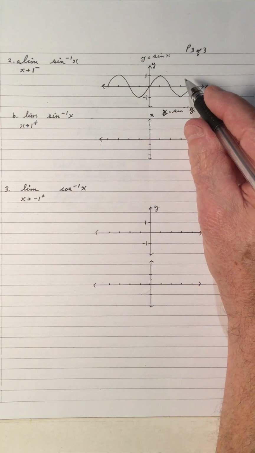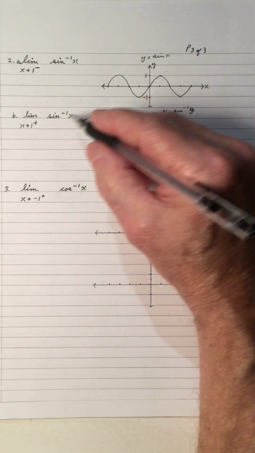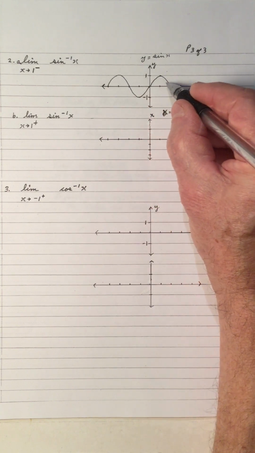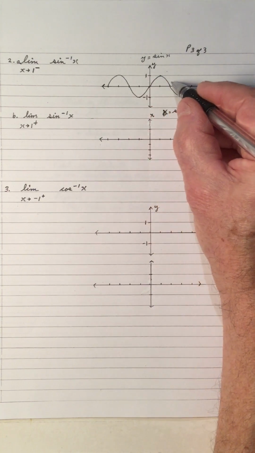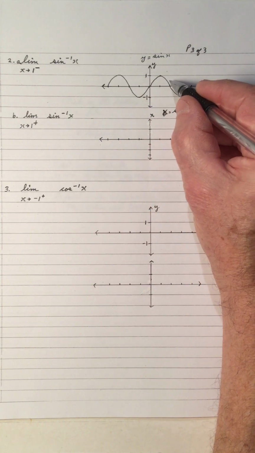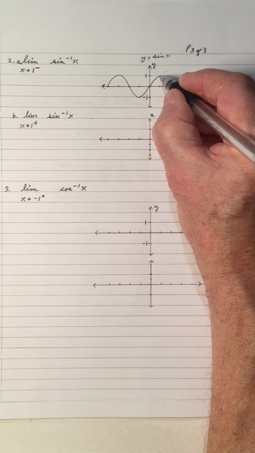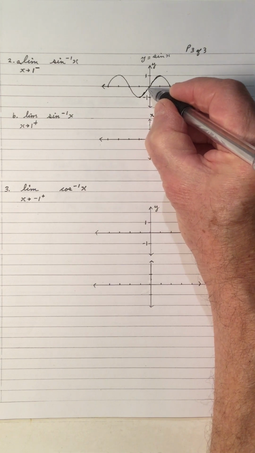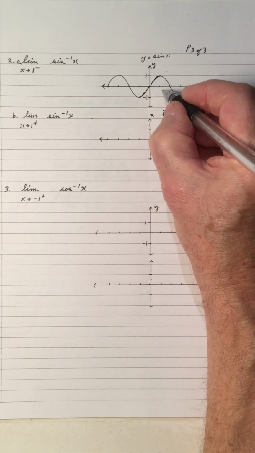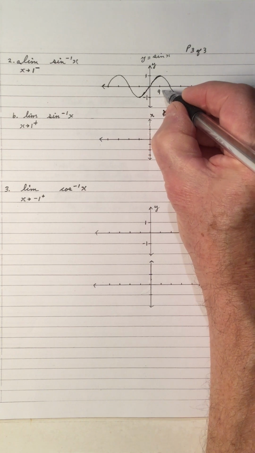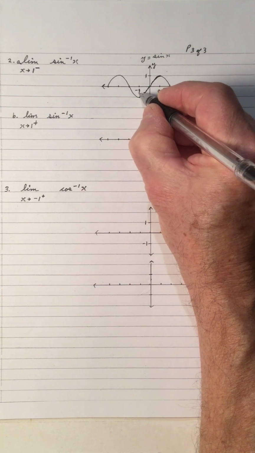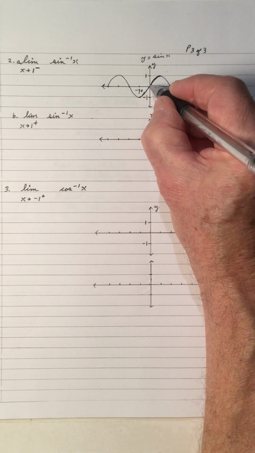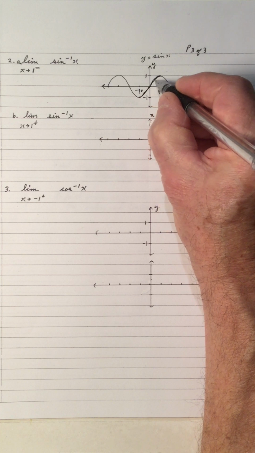So they're switched around when we do an inverse, but because this fails the horizontal line test, when you draw a horizontal line, it passes through more than one point, so we have to restrict it. So the sine graph is restricted in this interval. So on this interval, from 90 to negative 90, or from pi over 2 to negative pi over 2, this is the interval the sine graph is restricted.